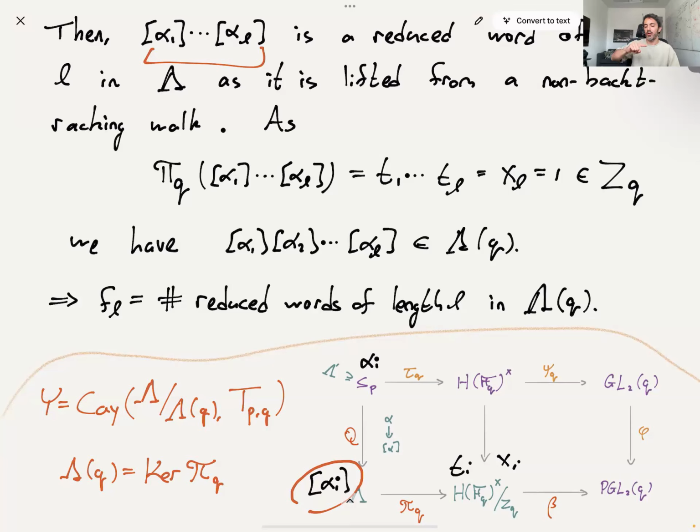A non-backtracking walk means you don't go back, you don't regret immediately, which means there are no two consecutive things that collapse to the identity, which is exactly the definition of a reduced word. So non-backtracking corresponds to reduced words, and that's one reason why we like non-backtracking walks.